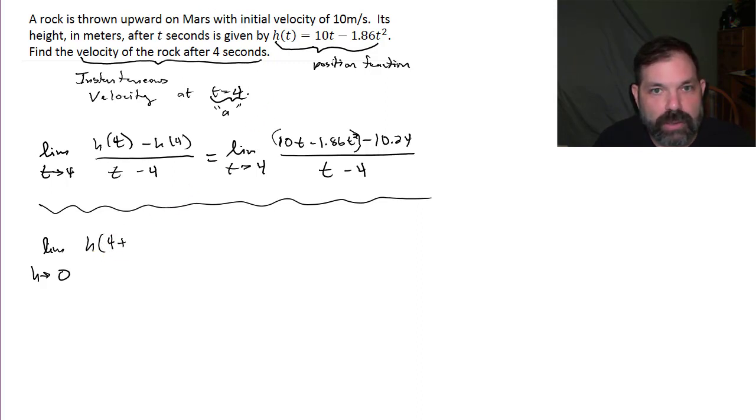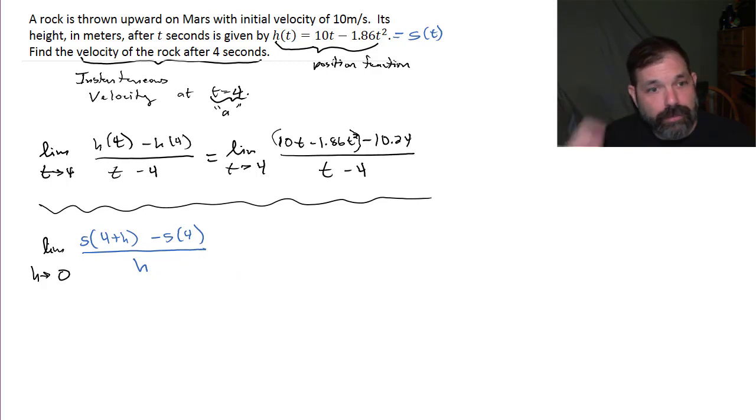So let me just change it instead here to s. Let's change my height function. Let's call this the position function s of t instead. So this would be the limit with h approaching 0 of s of 4 plus h minus s of 4 over h.